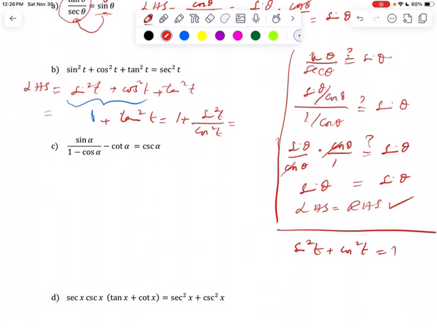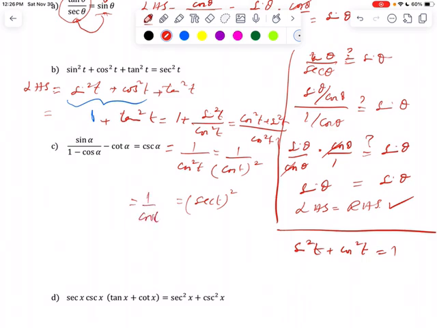Take the common denominator, so you get cosine square t plus sine square t over cosine square t, which is equal to 1 over cosine square t, which is 1 over cosine of t whole squared, which is equal to secant of t whole squared, because this would be equal to 1 over cosine of t whole squared.